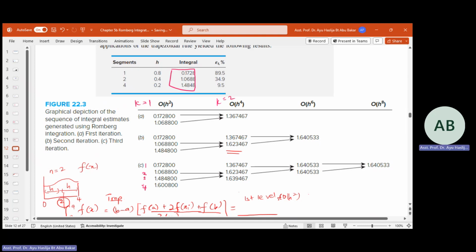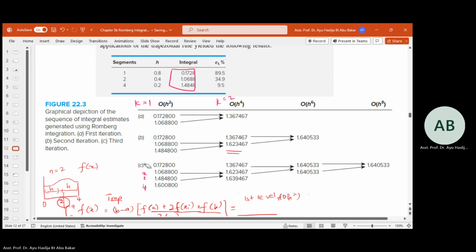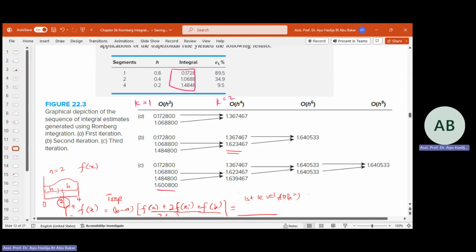It increased the segments. Moving sideways, second level of integration, then it gets this value for the I 3,2.